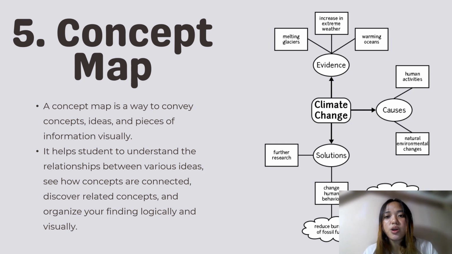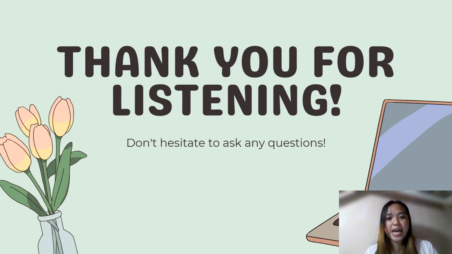But these are the basic, or common charts that we can use in the social studies classroom. These are the basic charts that children can use, and easy also to understand.